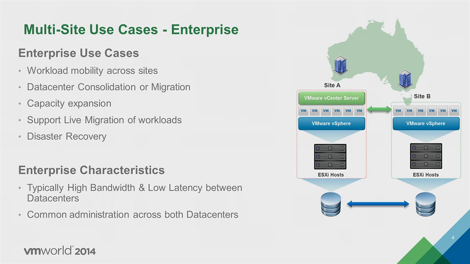Then extending networks across physical sites to allow for capacity expansion or more effective use of your data center resources across more than one site. Then disaster avoidance. By being able to support live migration of workloads, latency and bandwidth permitting, enterprises can start to proactively respond to data center changes or resource constraints. And then disaster recovery is also a key requirement for enterprises.